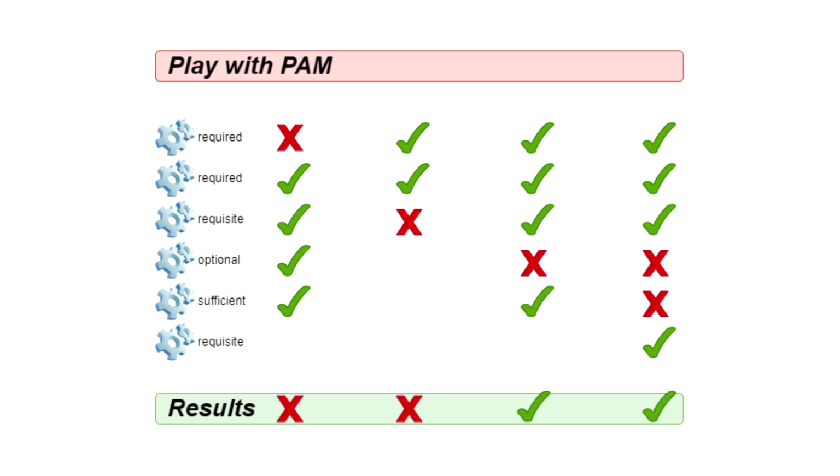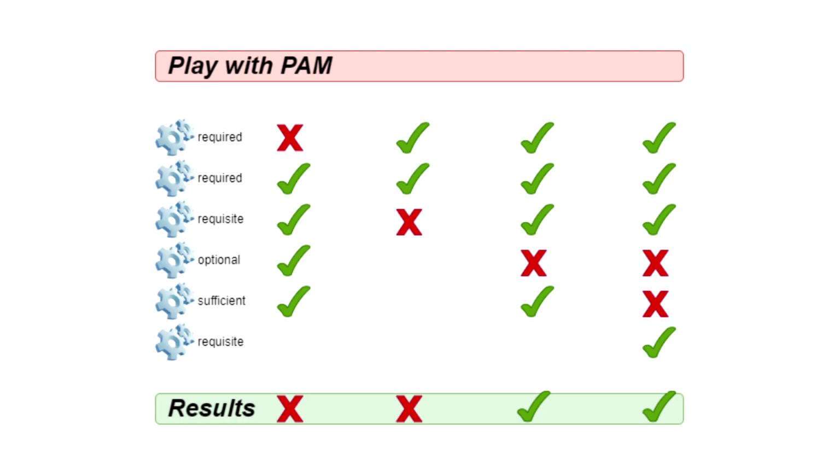Now, required means if that module fails, we'll run through the rest of the steps, but we're going to eventually fail the stack. So technically, required ends up failing it, but it'll still go through everything else until it fails. Requisite means if we encounter a failure, then we fail out of the stack completely, meaning we don't even go on to execute the rest of the modules.